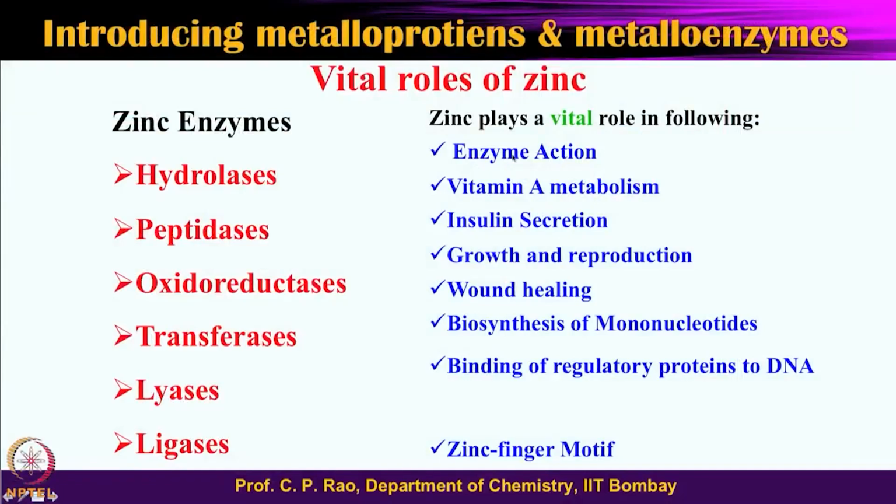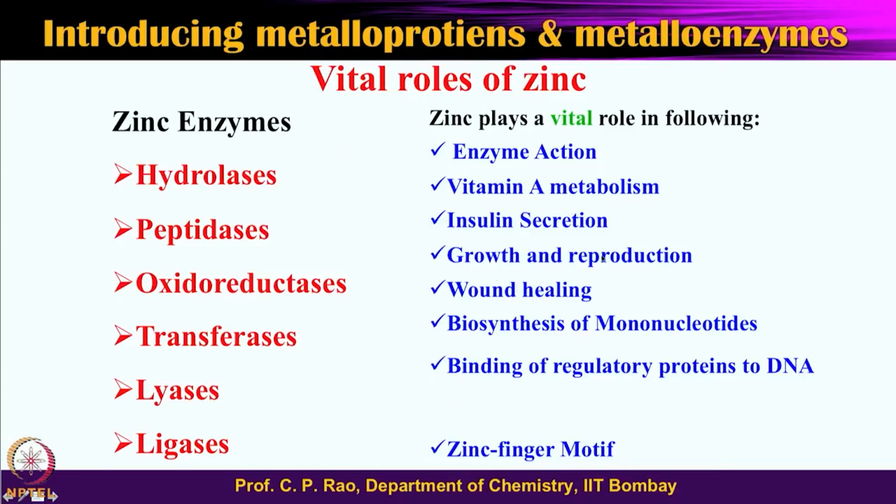Okay, now let us look at the various vital roles zinc plays. One is in a variety of enzymatic actions, that is what we refer to as enzyme action. So, all these are different types of enzymatic actions. Vitamin A metabolism, you can see in the process of insulin secretion, the zinc is associated.